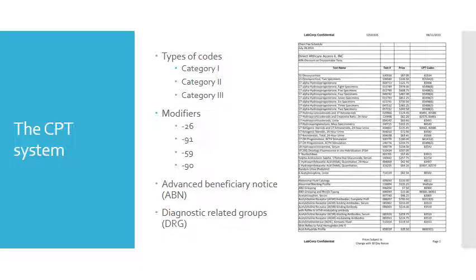So all category 1 codes at one point start here in the category 3 area. And they're only allowed to stay in category 3 for up to 5 years. If they don't get moved to category 1 in 5 years, then they get retired, because obviously people aren't using them. It hasn't been accepted by the field in general, so might as well get rid of them.